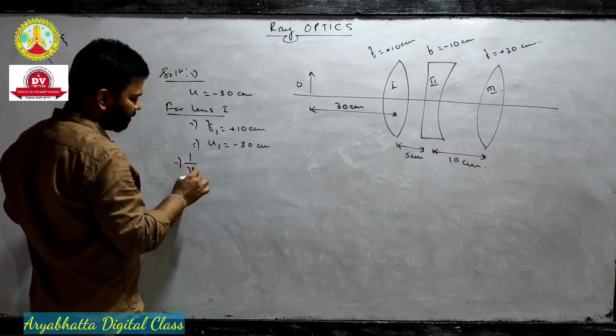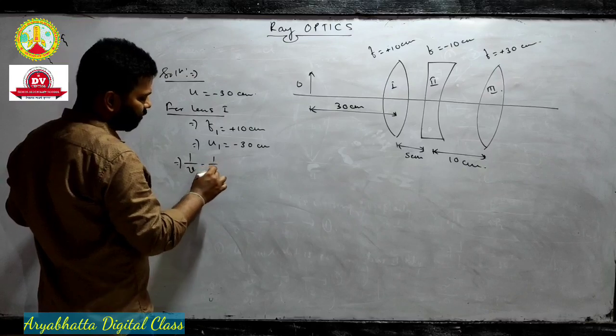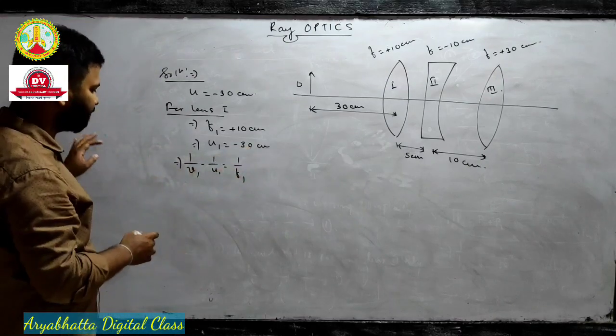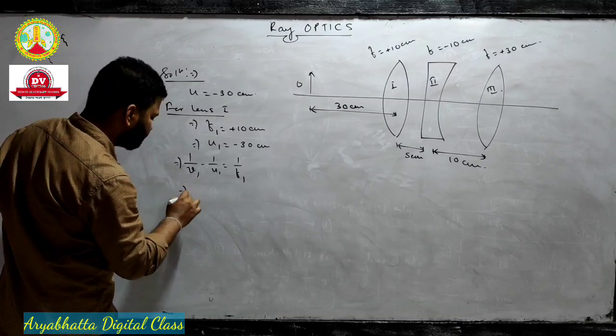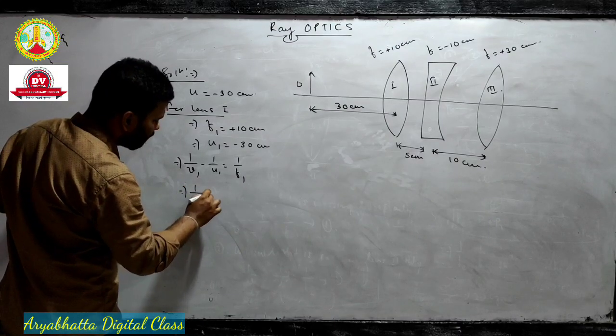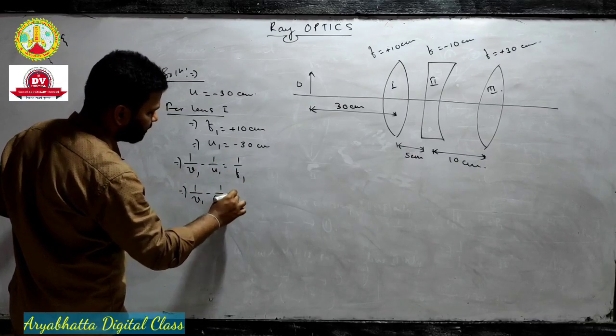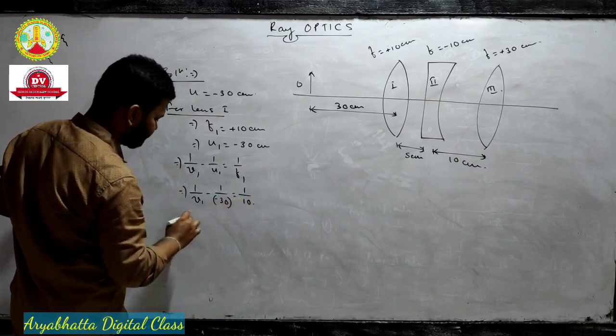1 by V1 minus 1 by U1 is equal to 1 by F1. Step by step we have to proceed. So 1 by V1 minus (minus 30), 1 by 10.